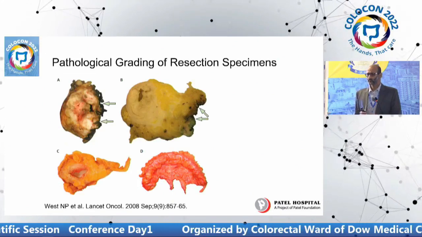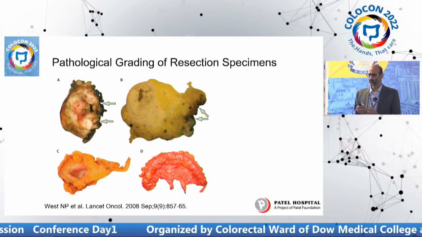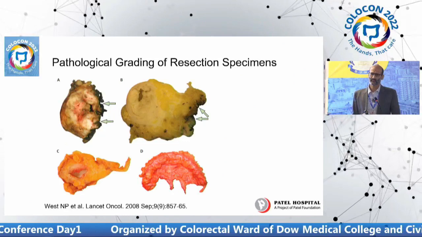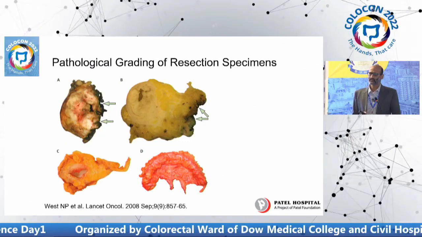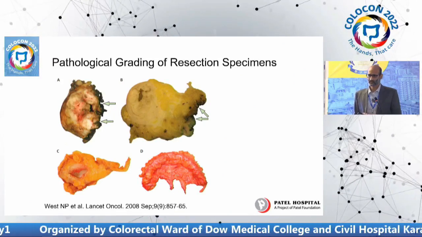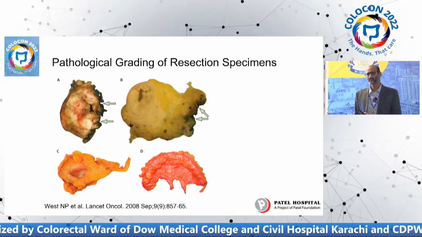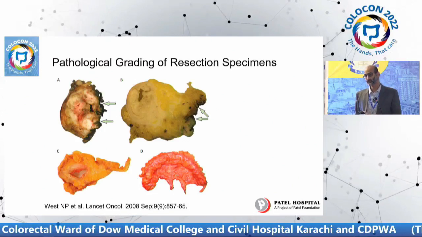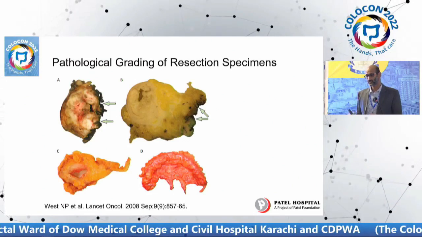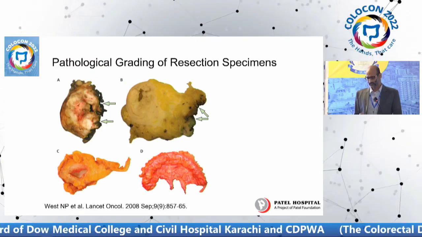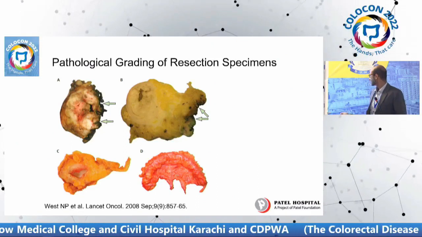Nick West and his group, in addition, following this lead from rectal cancer surgery and the pathological grading for mesorectal specimens, actually looked at the definition or grading for mesocolon from the MRC CLASICC study. And we see that there are, oh, this doesn't work.